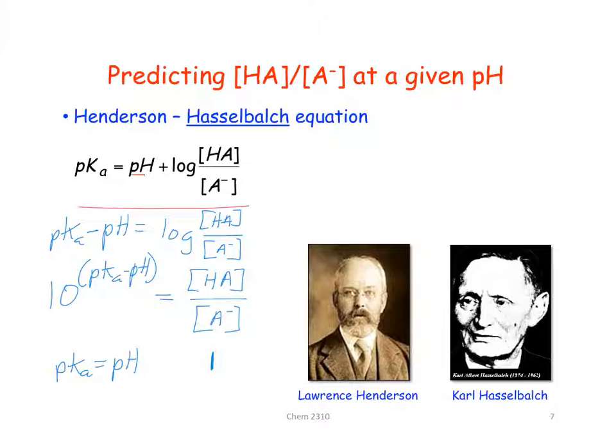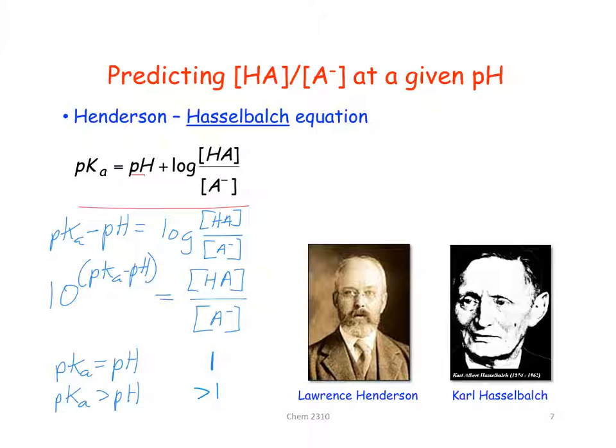All right. What if the pKa is greater than the pH, or the pH is less than the pKa? So let's take a look at this. If this number is bigger than this one, then we're going to have a positive number here, right? And so 10 to a positive number means that this ratio is going to be greater than 1.